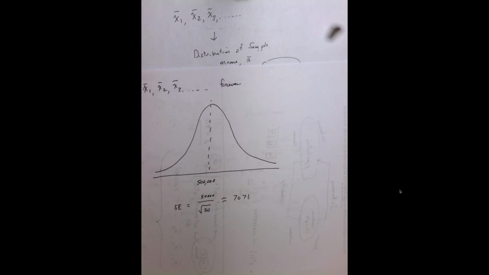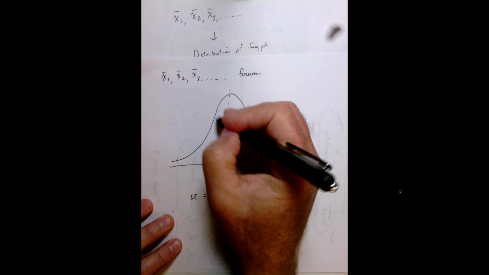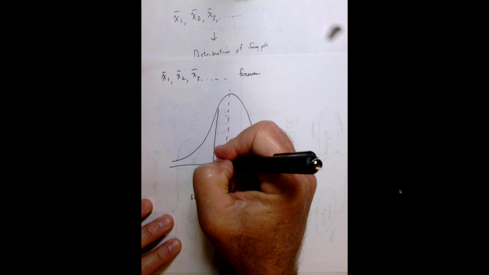All right, so let's go back to this problem. We now can do this. So what we want is 490,000, which would be right about here somewhere.